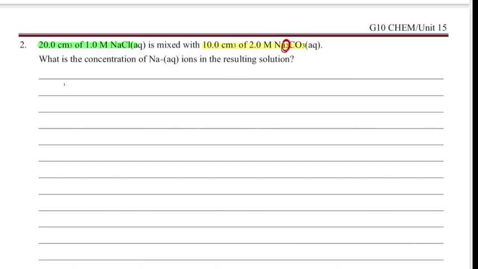Okay, so let's write it out. The number of moles of sodium ion should equal the molarity of sodium chloride multiplied by the volume of sodium chloride. Each formula unit of sodium chloride just releases 1 sodium ion, so no need to multiply by a coefficient here. Then we'll just add the number of moles of sodium ion provided from sodium carbonate, the molarity of sodium carbonate multiplied by the volume of sodium carbonate, and remember, multiply by 2.